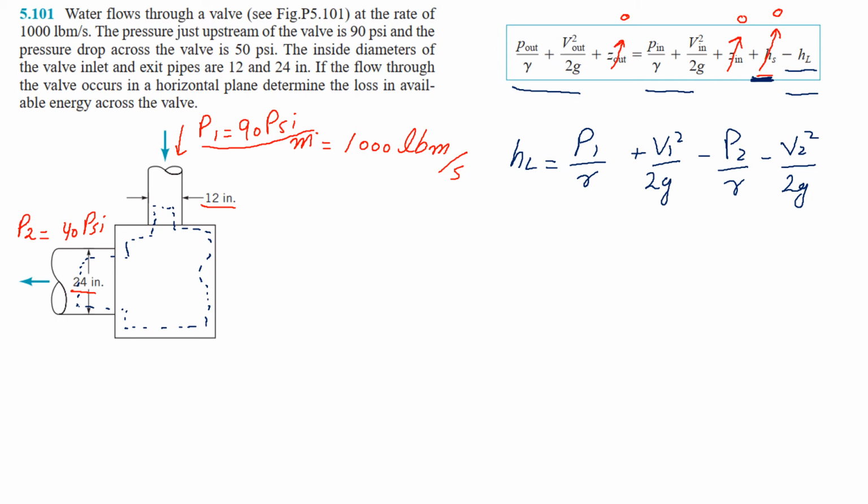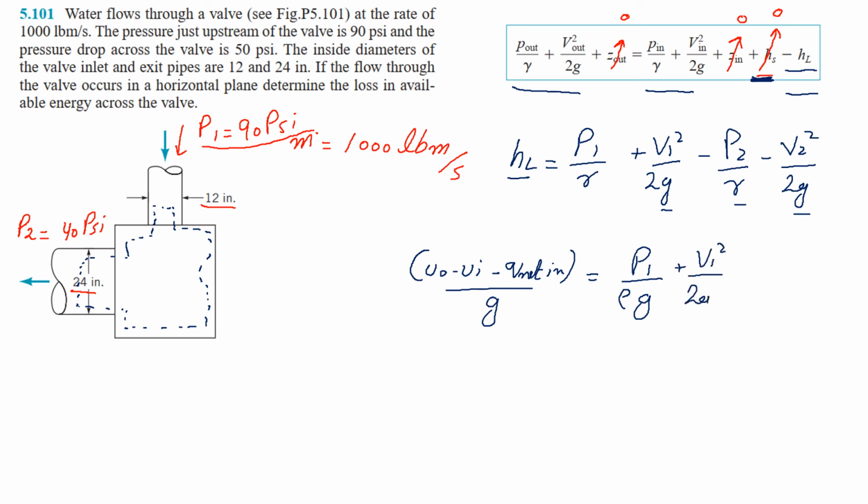To cancel out the gravitational acceleration terms, the rho g term here and the rho g term here, we multiply both sides of this equation by g, and we know that our HL is equal to u naught minus ui minus the net rate of heat transfer in, divided by g, is equal to P1 divided by rho g plus V1 square divided by 2g minus P2 divided by rho g minus V2 square divided by 2g.